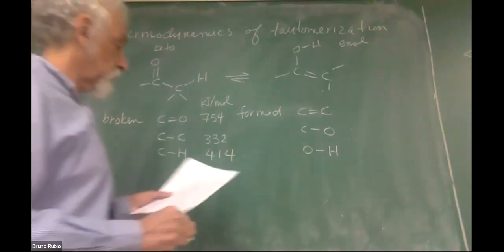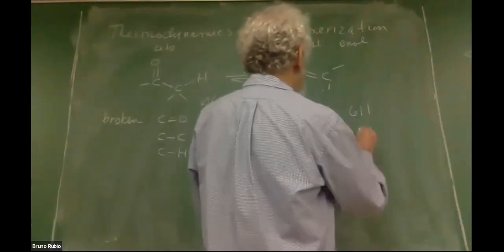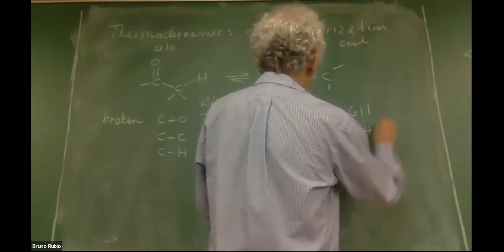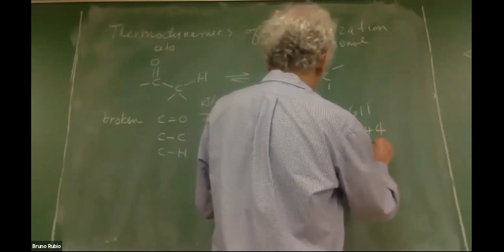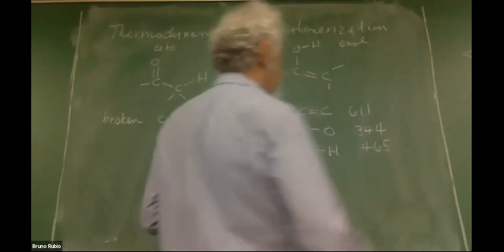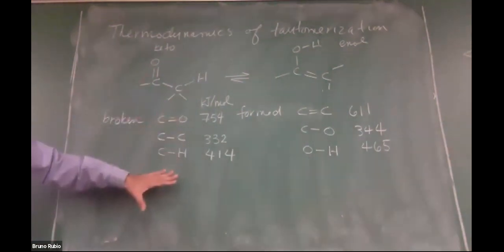Yes. The carbon-carbon double bond is 611. Carbon-oxygen single bond is 344. And the oxygen-hydrogen single bond is 346. Okay, so this is what all of these bonds are worth.